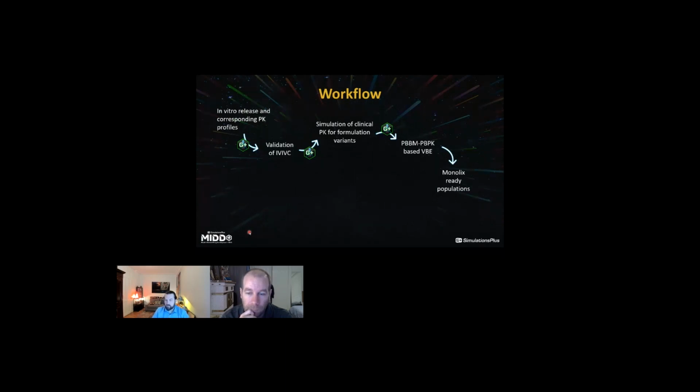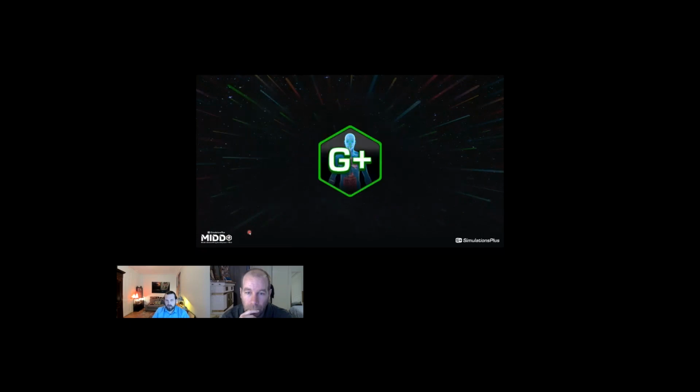And this is where population PK comes into the game, where we could first build a reference model in Monolix, understand the impact of formulations as a covariate, and finally, using the Monolix suite and more specifically Simulix and PK Analytics, design the bioequivalence trials. So let's first have a look at what we've done in GastroPlus and the PBPK part of this project.